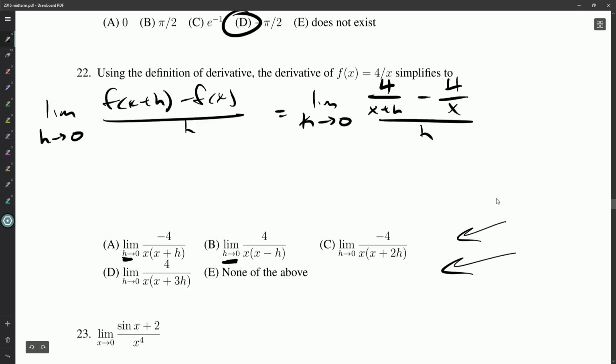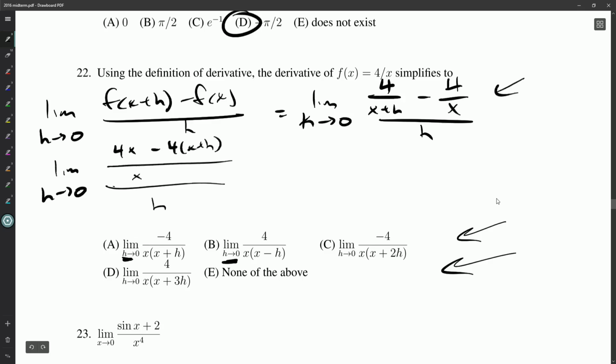We can start simplifying. Let's get a common denominator for our fractions up on top, and we'll leave the h down below. Alright, so we'll have 4x minus 4 times x plus h, all over x times x plus h. 4x and minus 4x will cancel out, and we'll be left with just minus 4h on top.